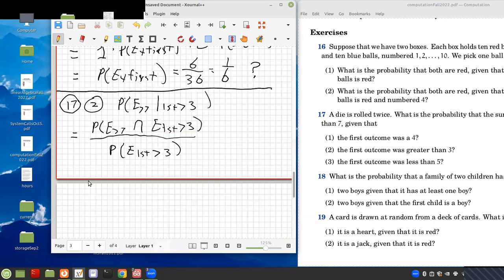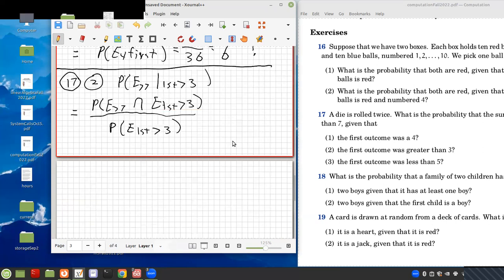Okay, well, let's see if we can figure out how to calculate each of these total probabilities. In other words, we need the ratio to get the conditional probability that the sum is greater than 7, given that the first one is greater than 3. So we know that the first one was either a 4, 5, or 6, and we want to know the probability that the sum is greater than 7.